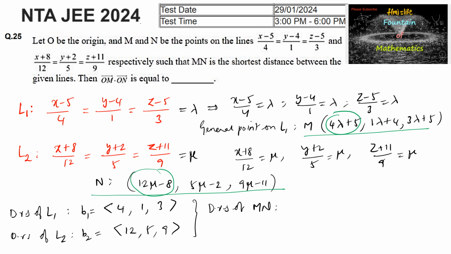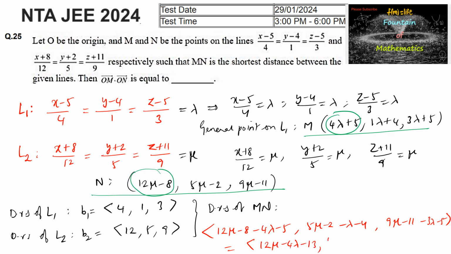So we get (12 mu − 8) − (4 lambda + 5), (5 mu − 2) − (lambda + 4), and (9 mu − 11) − (3 lambda + 5). That is 12 mu − 4 lambda − 13, 5 mu − lambda − 6, and 9 mu − 3 lambda − 16.